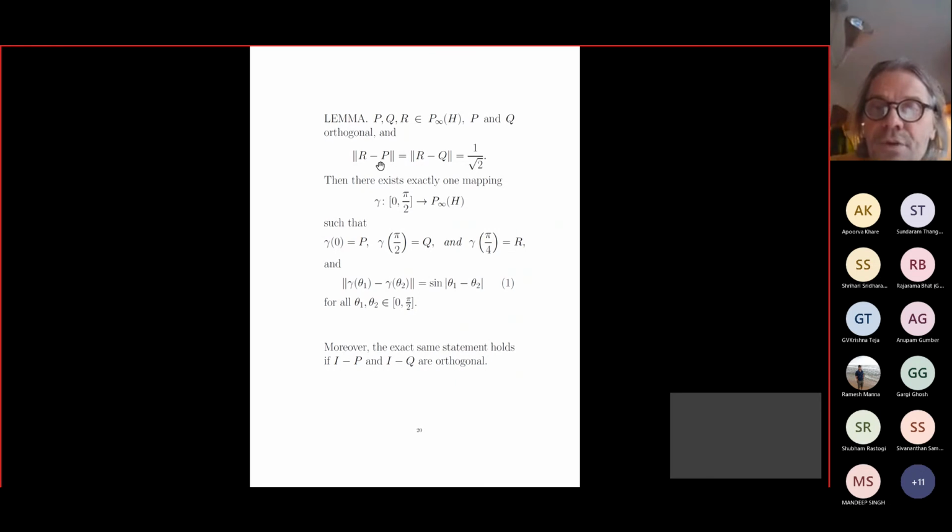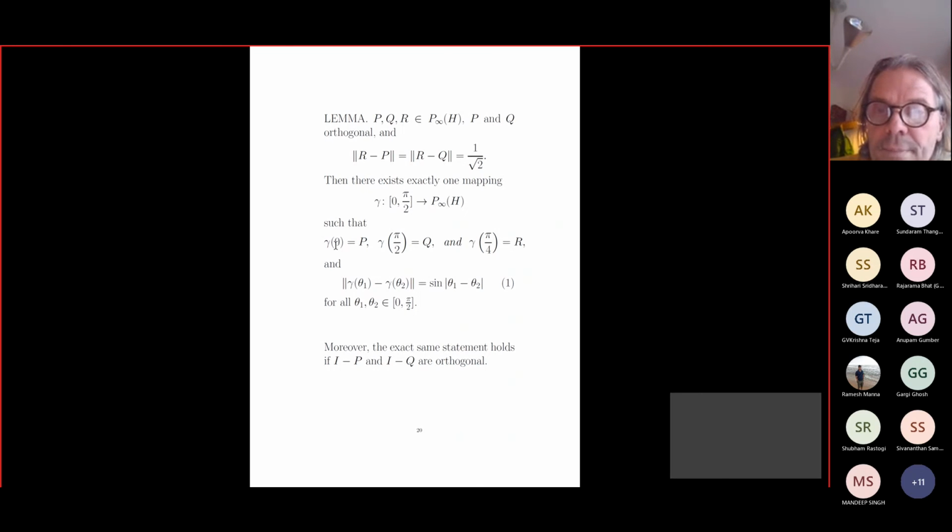Now, if you have such a situation, then you can construct a path such that the starting point is P. You start here, the end of the path is here, and this path passes through the midpoint.